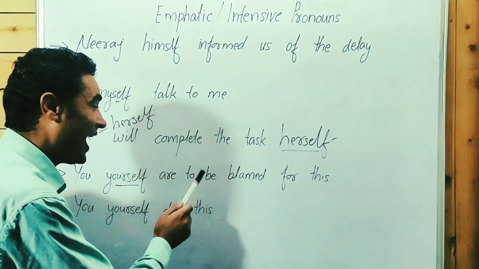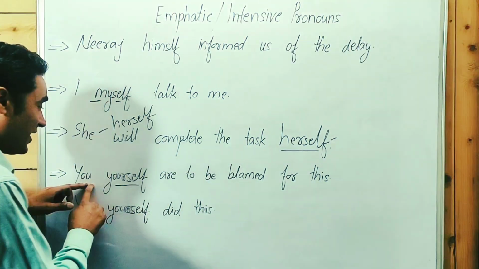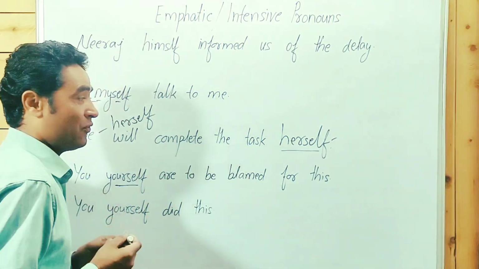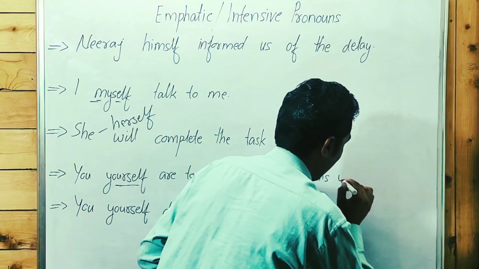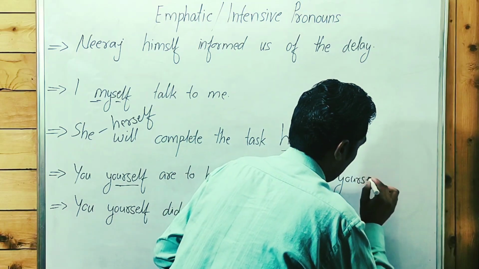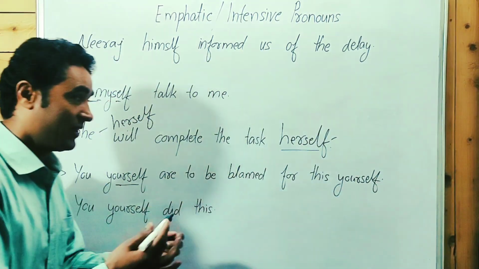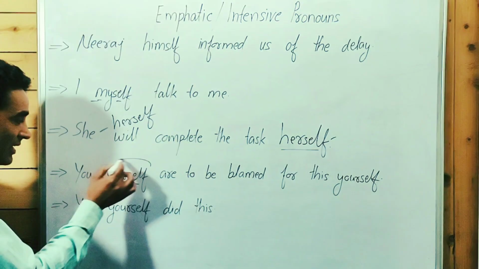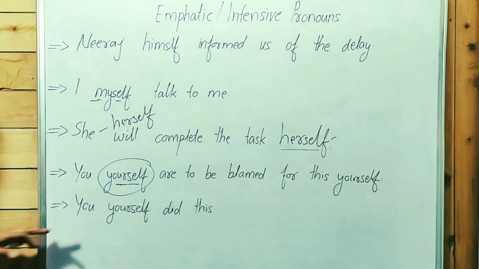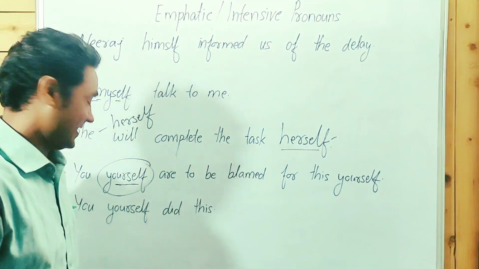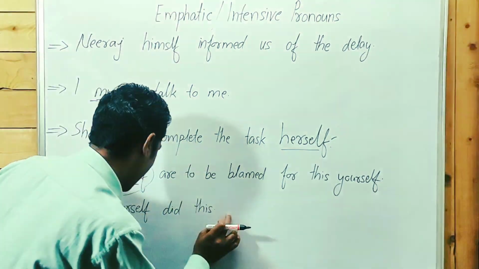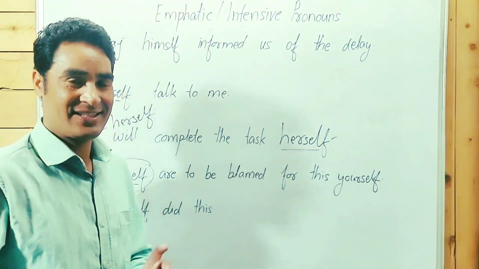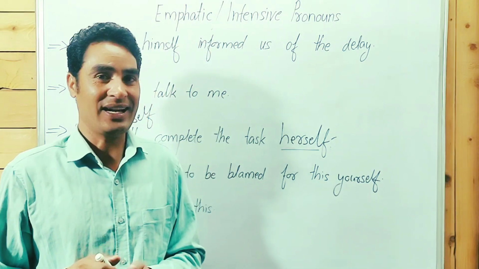You yourself are to blame for this. You are to be blamed for this yourself. You can write yourself at the end of the sentence. You yourself did this. You did this yourself. You did this. All the sentences are correct.